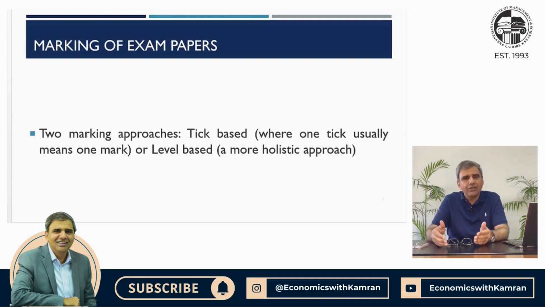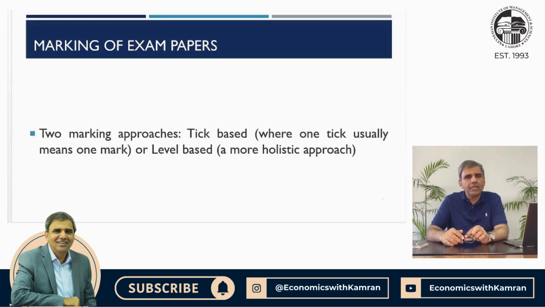Then at the end of the marking I will count the number of ticks and give you the marks accordingly. So the number of ticks usually matches the number of marks, but it is not essential. In some papers, the number of ticks and number of marks may vary, but usually they must match where the tick based approach of marking is used.